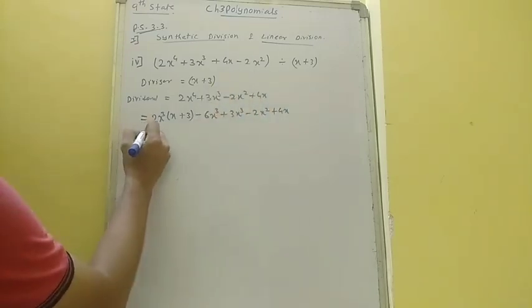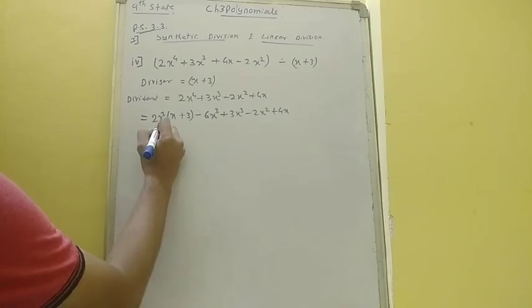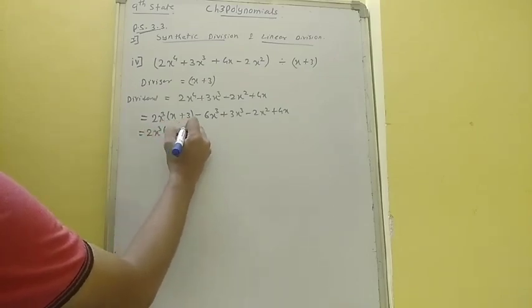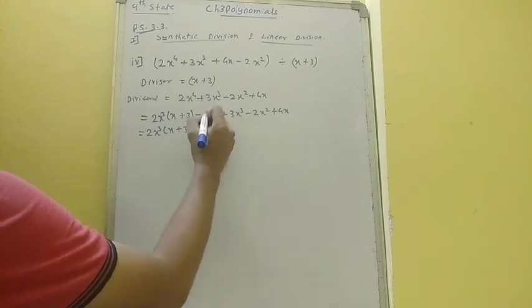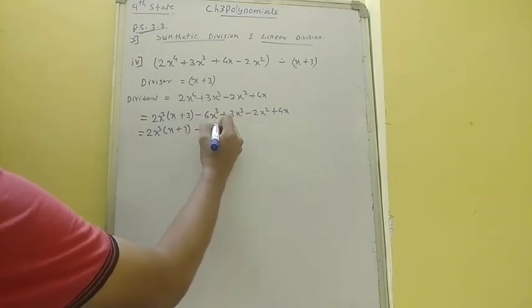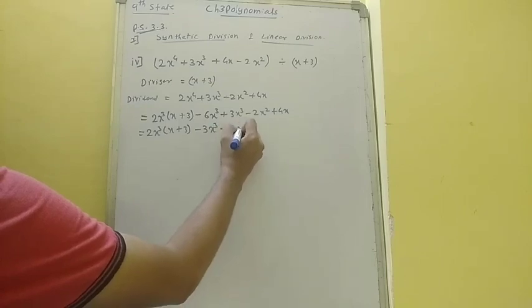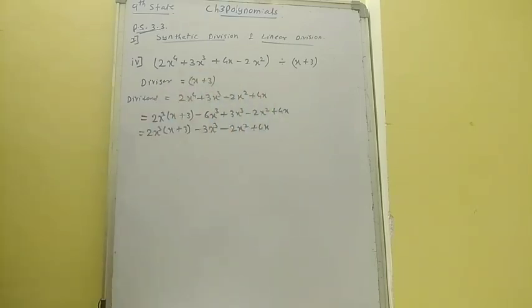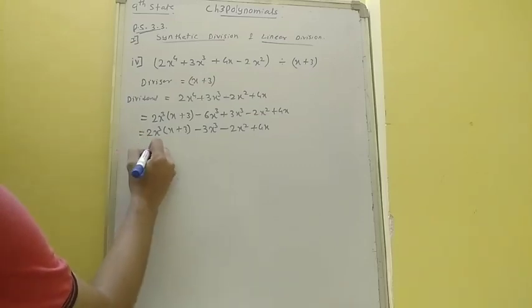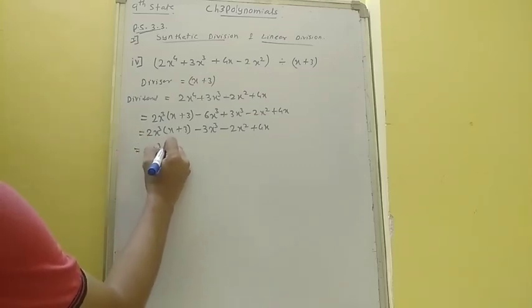Okay, so this part will be as it is, and this can be solved. Minus 6x cube plus 3x cube is minus 3x cube, minus 2x square plus 4x. Okay, so this part is as it is again.